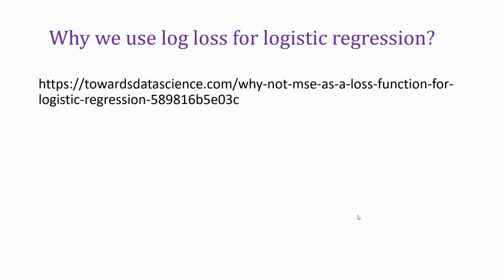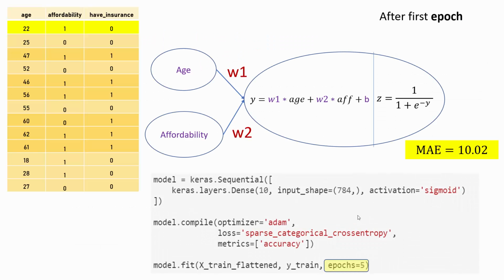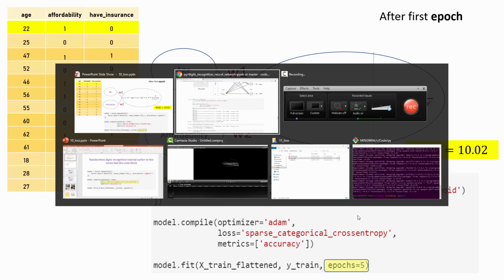We do not use mean squared error or mean absolute error. In our presentation, I used mean absolute error just to keep it simple, but in reality, practically for logistic regression, we will be using, not mean squared error of course, but the log loss or binary cross entropy.